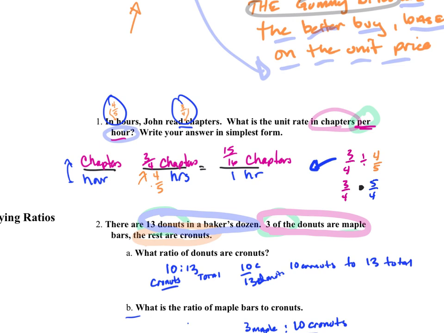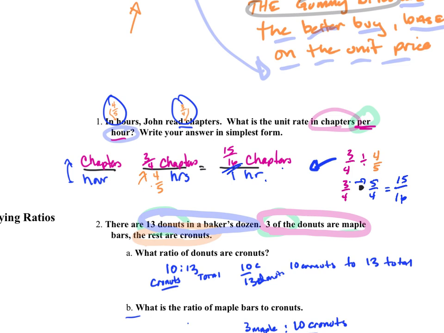So if I look right away, I can tell I'm not going to be able to simplify this because neither 3 nor 5 goes into 4; they're both primes. So these are called relatively prime, even though 4 is not a prime number. So I'm multiplying across, so that means I'm going to get 15/16. So this is 15/16 chapters per hour.